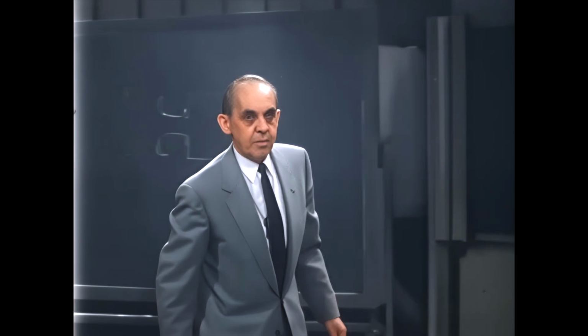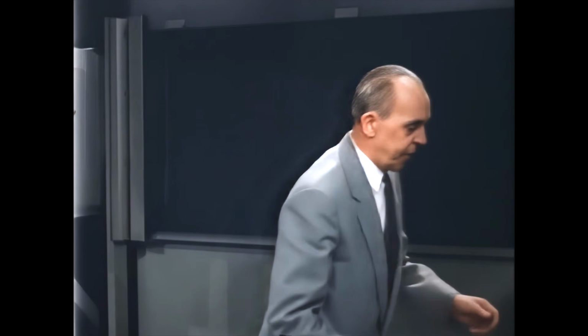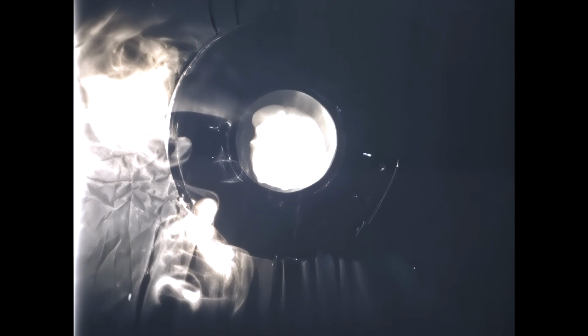We have made some high-speed pictures, some slow-motion movies of this generation of the vortices. And let's now look at these pictures. First, we see a front view of the box.